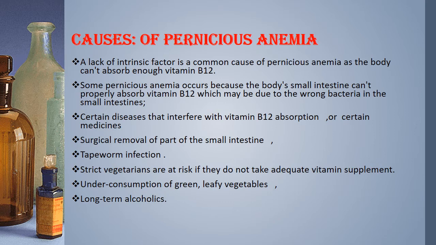They do not take adequate vitamin supplements, or do not consume grains and leafy vegetables. Again, chronic alcoholics consuming a lot of alcohol may also be affected in their vitamin B12 level.